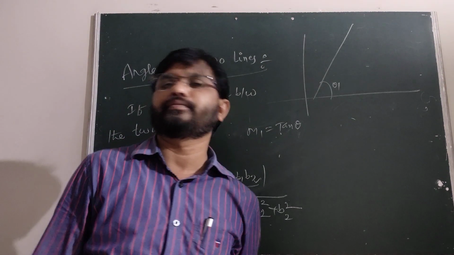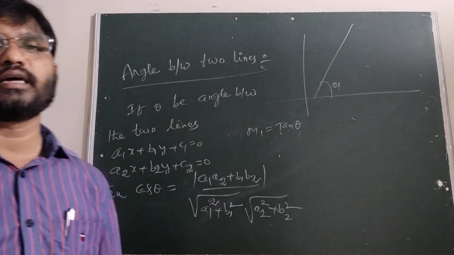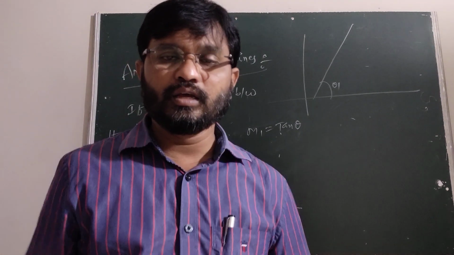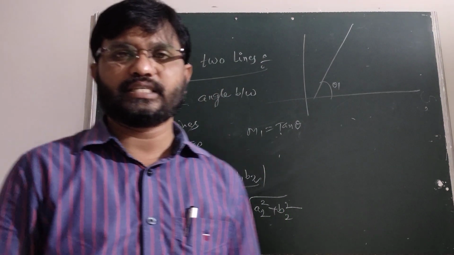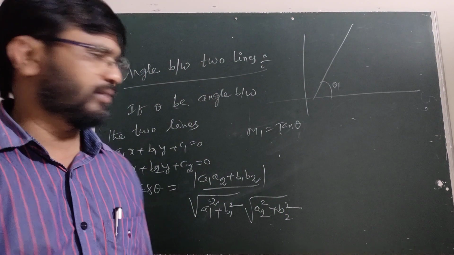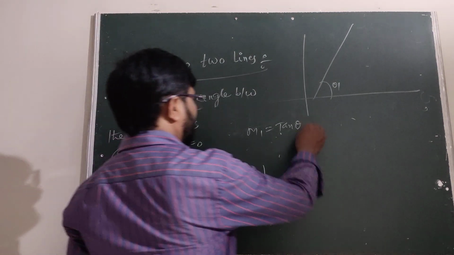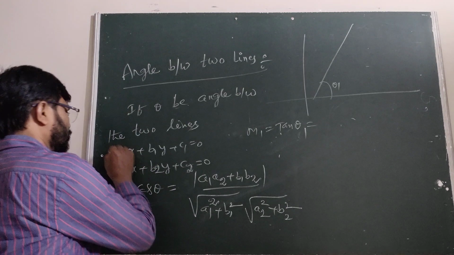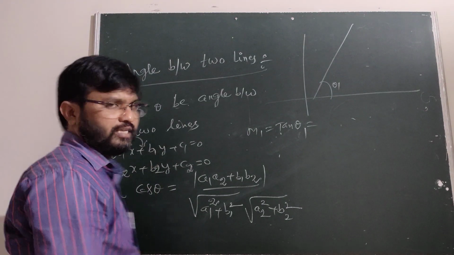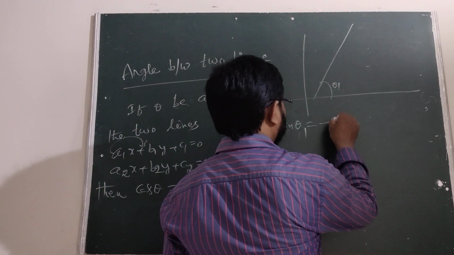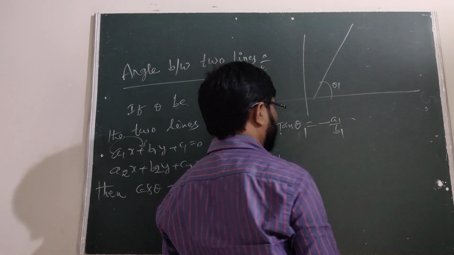That is the inclination. Inclination theta means the angle a line makes with the positive direction of the x-axis. Therefore, theta always lies between 0 to 180. Therefore, tan theta 1 equals the slope of the line, which is minus a1 by b1.